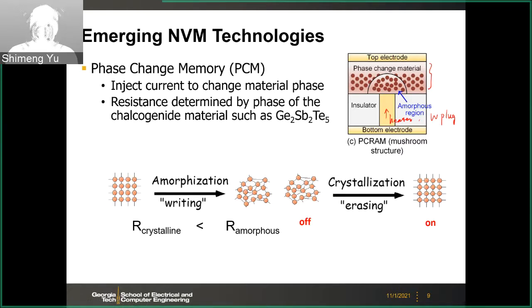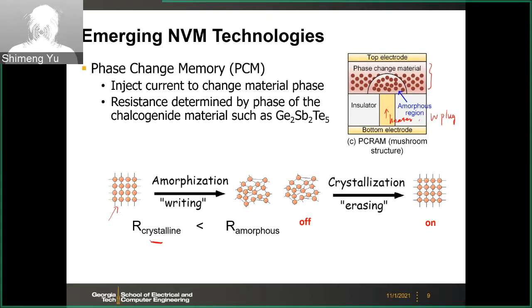Phase means the configuration or the organization of the atoms in the material. If the atoms are arranged in a regular pattern, we call it the crystalline state. Crystalline is a crystal, basically. So the atoms are arranged regularly in such a pattern.